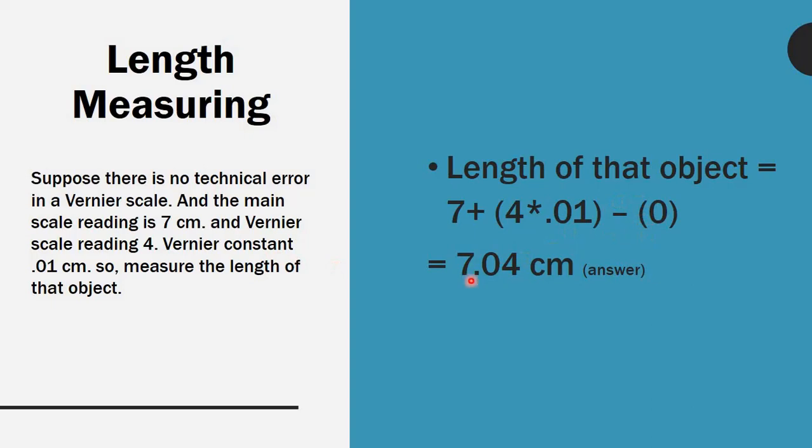Then deduct the error, which is 0 here, because there is no technical error in the vernier scale. Then the length of that object will be 7.04 centimeter.